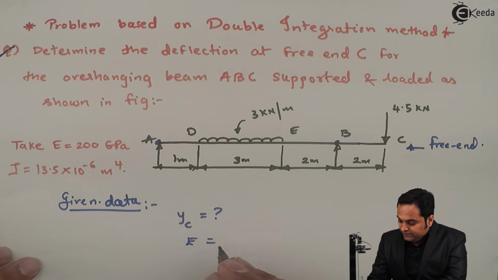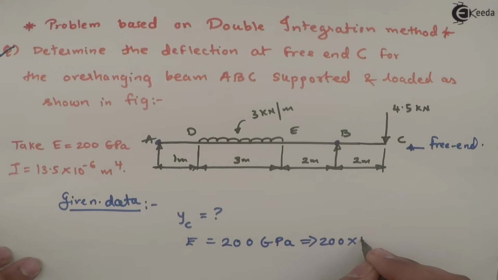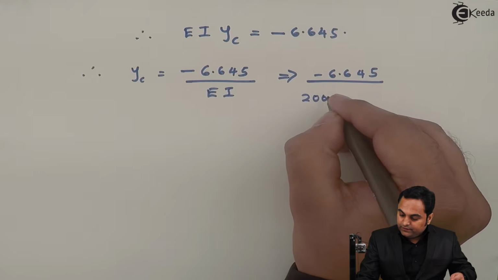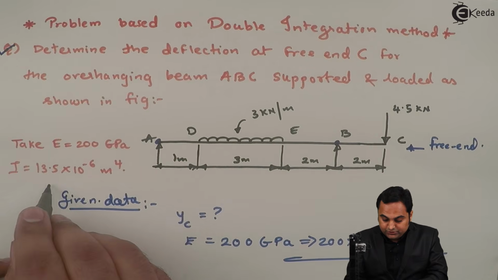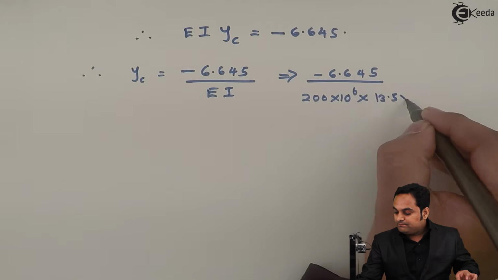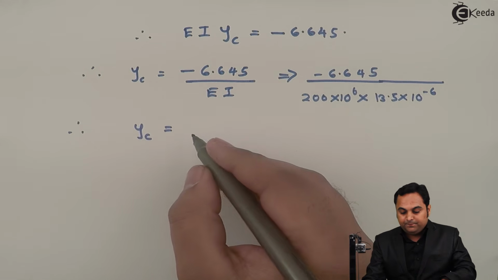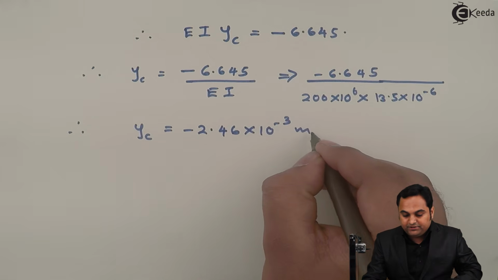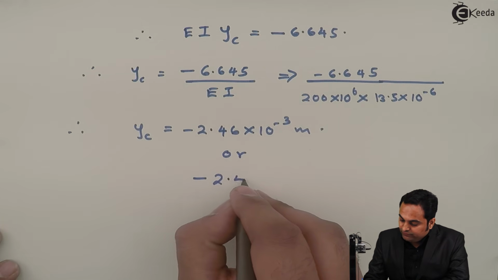So if capital E is 200 GPa, it means it is 200 into 10 raised to 6 kilonewton per meter square. I'll put this value, 200 into 10 raised to 6 into I is given 13.5 into 10 raised to minus 6. So therefore y suffix c comes out to be minus 2.46 into 10 raised to minus 3 meter, or I can say that it is minus 2.46 mm.